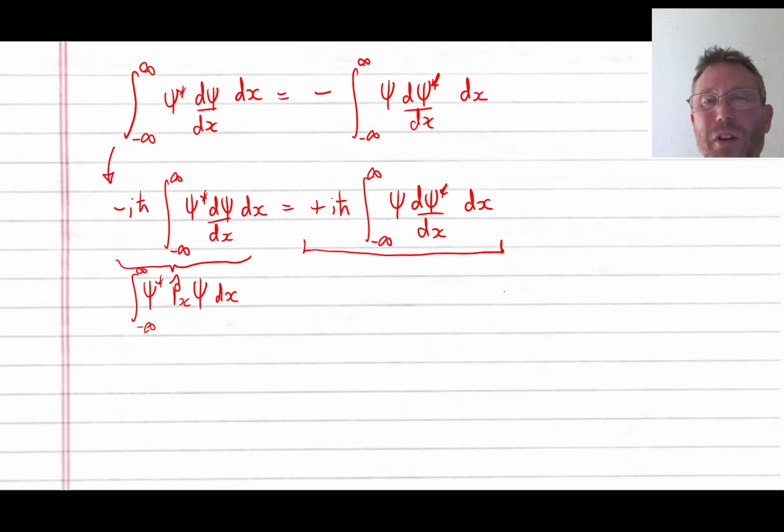Separately, I'm also going to point out the complex conjugate of the momentum operator, which shows up in our definition for a Hermitian operator. When we do a complex conjugate, every time we see an i, we change its sign to a minus, and every time we see a minus i, we change it to a plus.